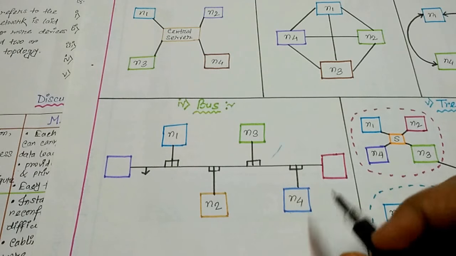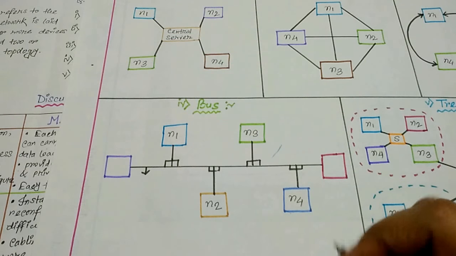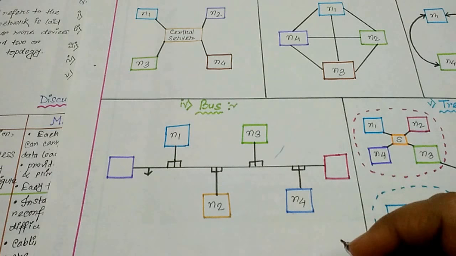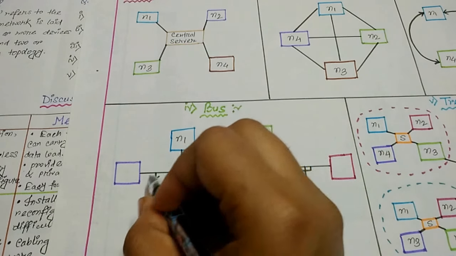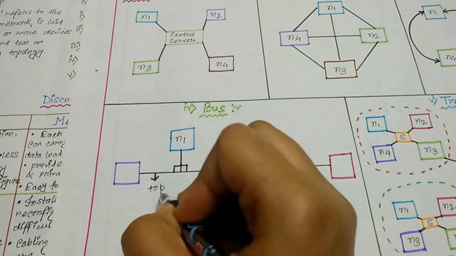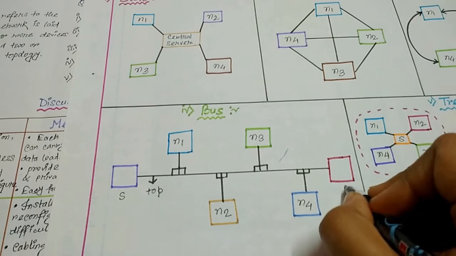A bus topology is a multipoint or multi-drop connection in which one long cable acts as a backbone to link all the devices in the network. The cable is called the tap. This is our source and this is our destination.